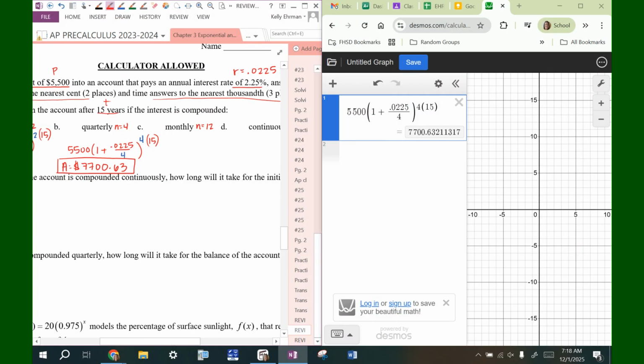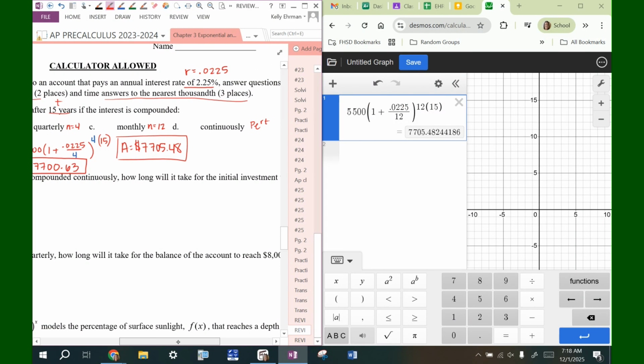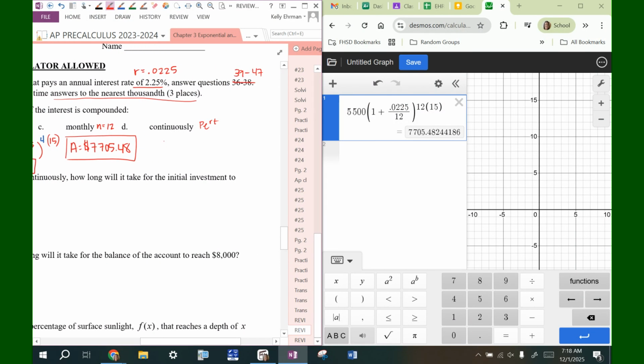All right, monthly. So let's see. So I'm deleting the 4, making it a 12. Same up here. So now I'm at $7,705.48. Right? And for continuous, this is a different formula. So 5,500 times e to the r, 0.0225, times t, which is 15.